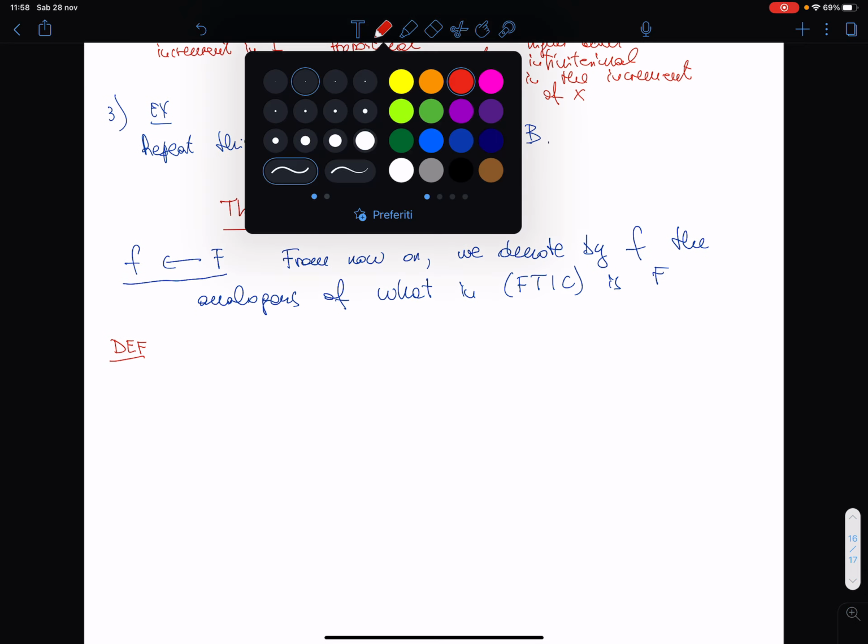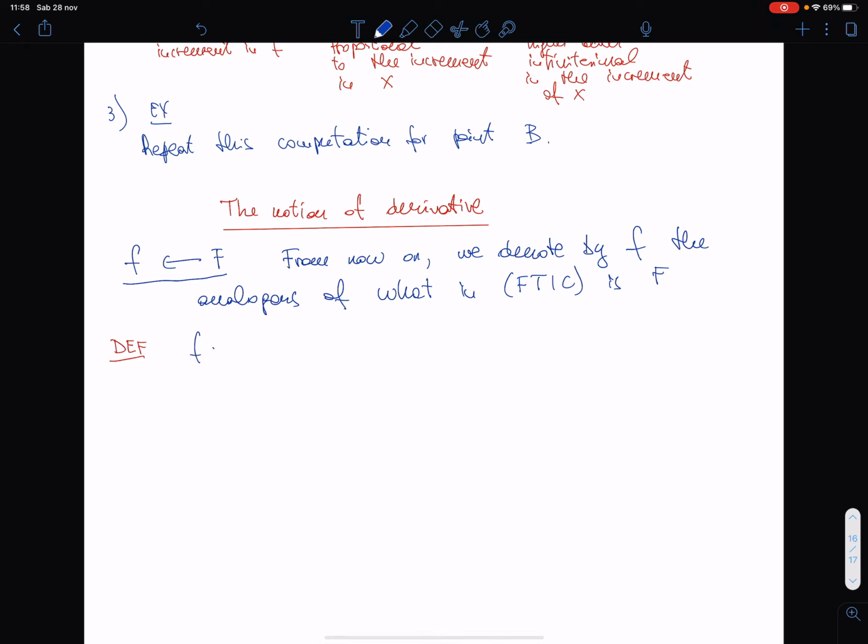So let small f from AB to R and x bar, an internal point of the interval AB, such that there is a real number m which satisfies the following equality.